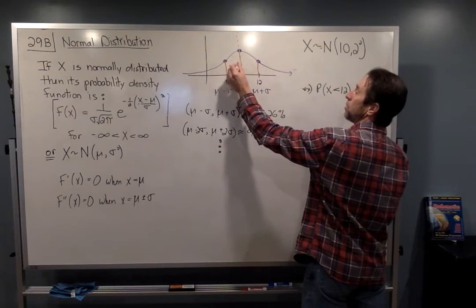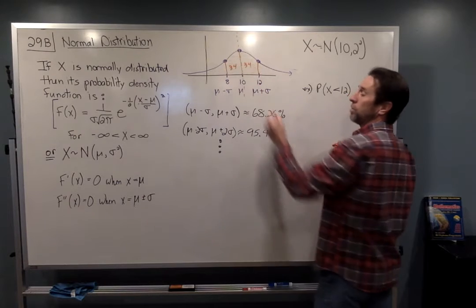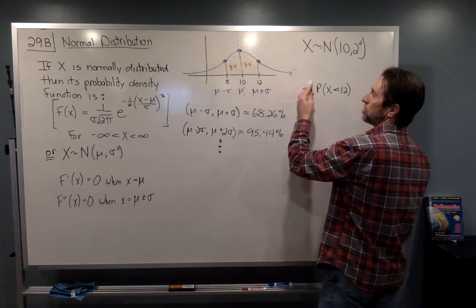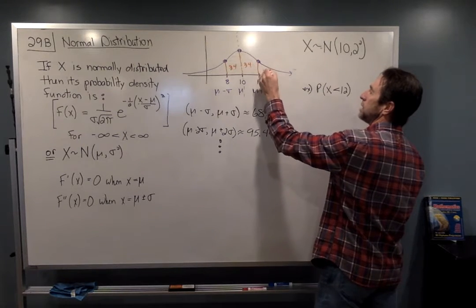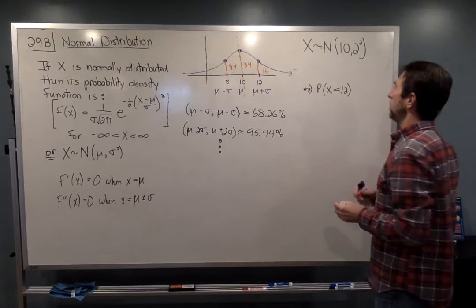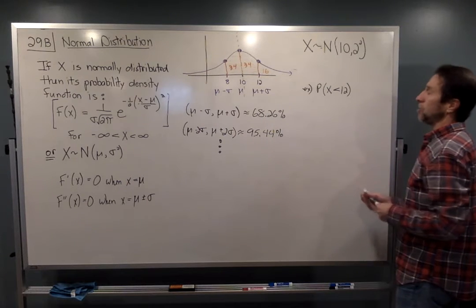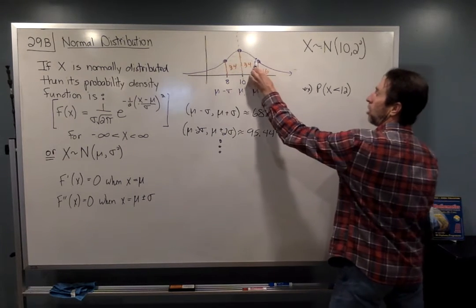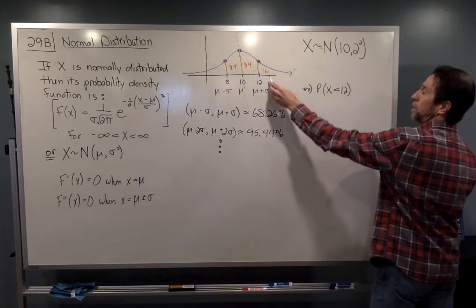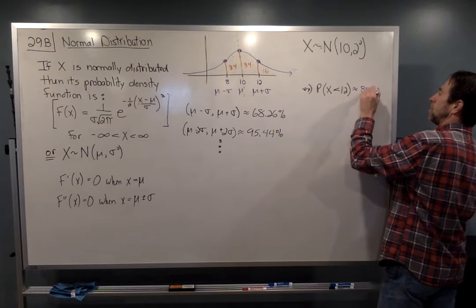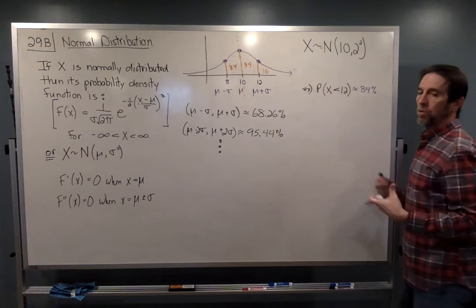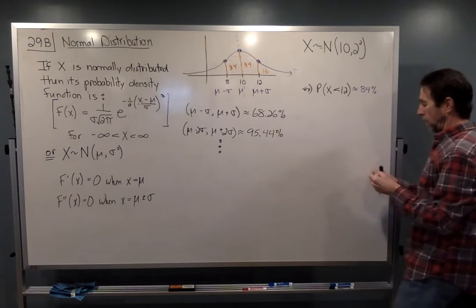So this would be about 34%, and this is about 34. If this is all 50, that means everything here is 16. So the probability that something is less than 12 is going to be all of this area, which would be 100 minus 16, which is about 84. You could write 0.84 if you'd like.